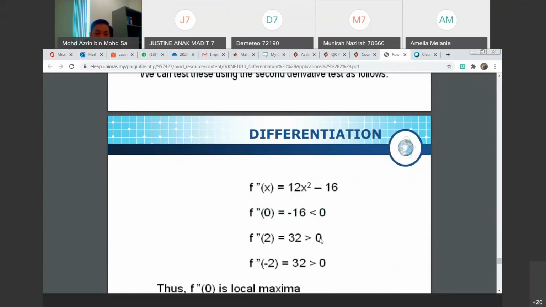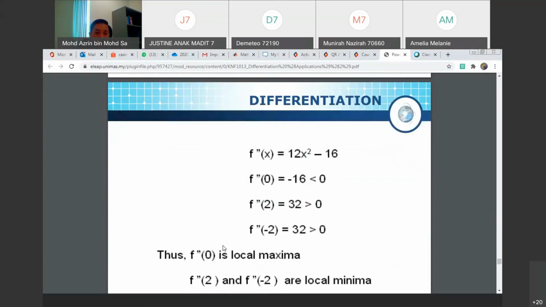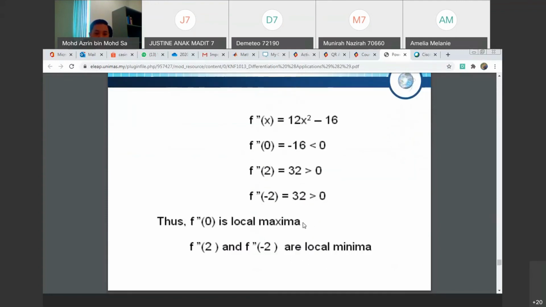So it is more than 0. When you insert it also into the second derivative x equal to negative 2, you get also 32, which is more than 0. So you have f second derivative at 0 is local maxima because it is negative 16.